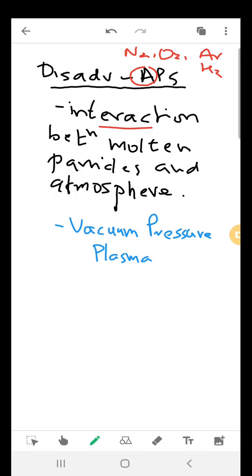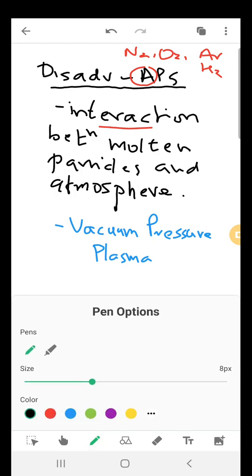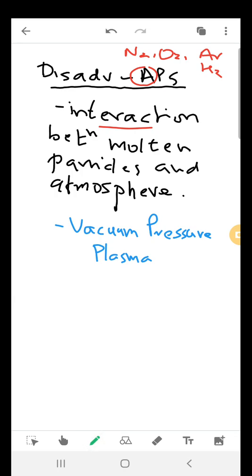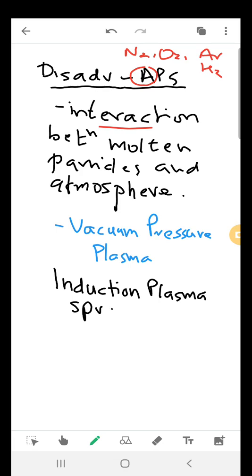Apart from vacuum pressure plasma, there are other types of plasma like induction plasma spraying, where we have a radio frequency plasma.